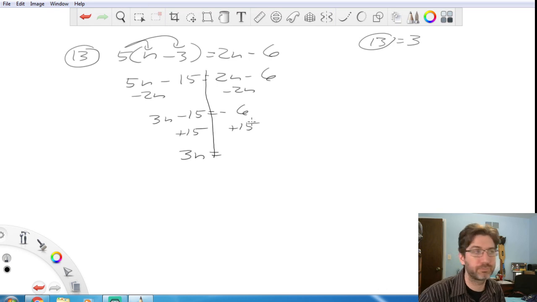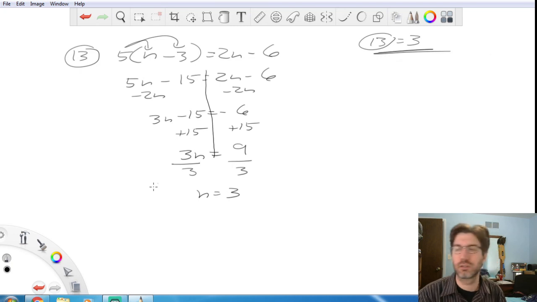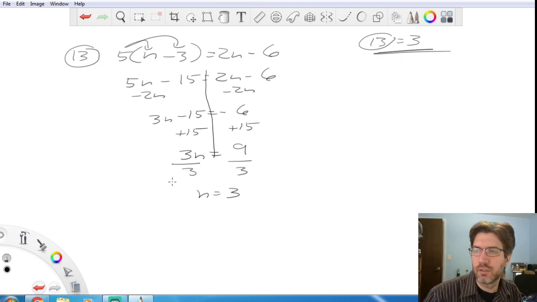Just watch your signs there. That's going to give you positive 9. Divide by 3, divide by 3, n equals 3. See, that was 13.